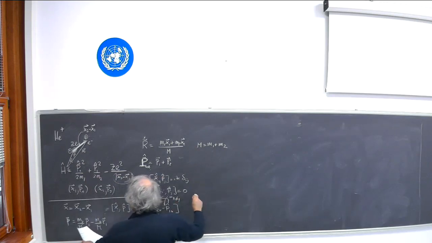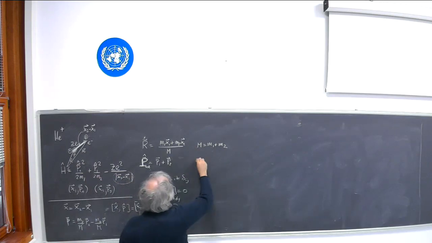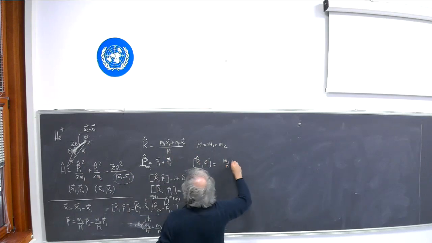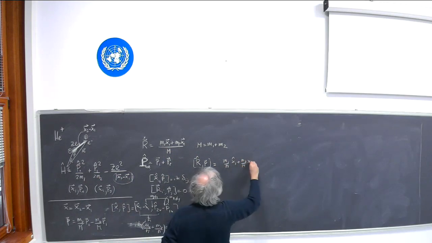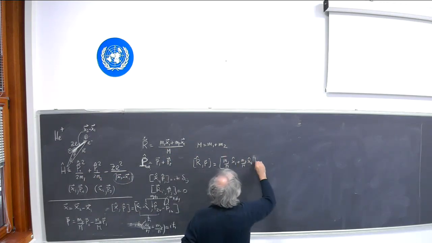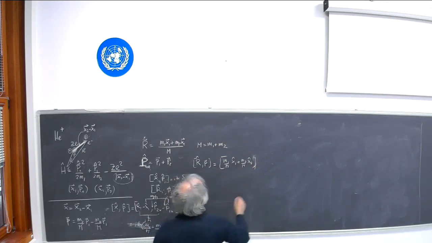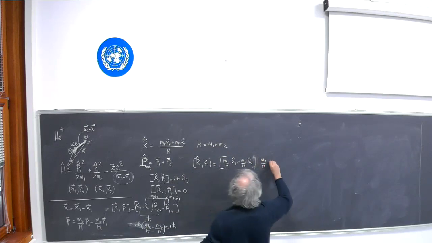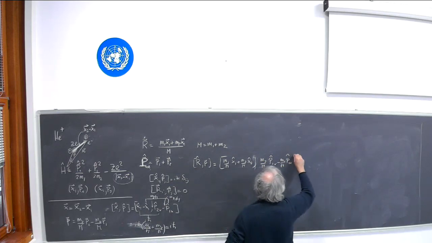So I have the commutator of, say, R and small p that I should do. So it's M1 over M times X1 plus M2 over M times X2. Let's suppose that I have only the X component, commutator with M2 over M times P2, the X component, minus M1 over M, the 1 component, X component.